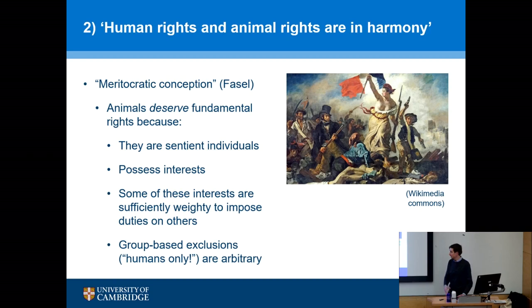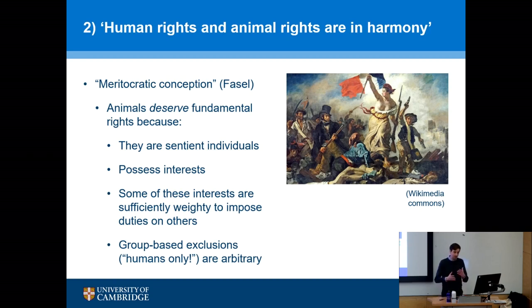And importantly, we're just focusing on individuals here. We're not focusing on groups, right? Because group-based exclusions, humans only if you like, are arbitrary. Speciesism, again. So we're just focusing on the individual and whether the individual deserves something based on their possession of sentience or some other feature, autonomy in the case of the Non-Human Rights Project.